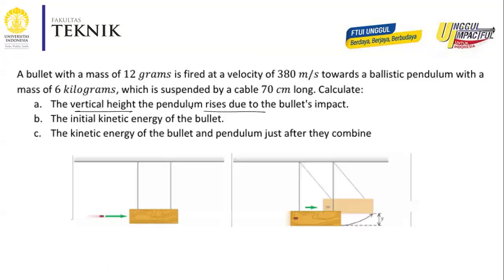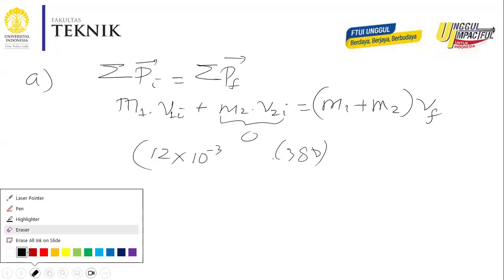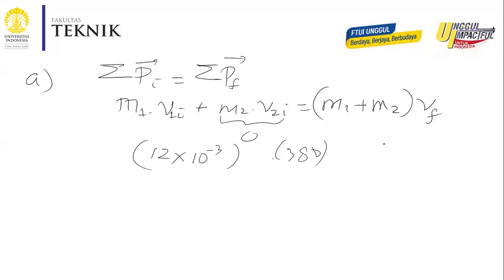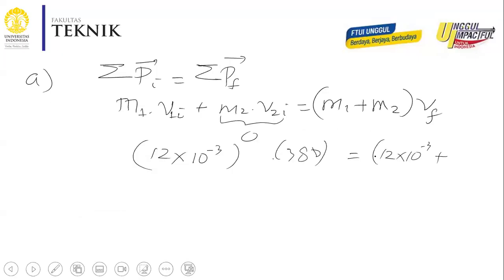The mass 1 is 12 grams, which means 12 times 10 to the minus 3 kilograms, times the initial velocity of 380, equals 12 times 10 to the minus 3 plus the 6 kilograms of the block, times V final.